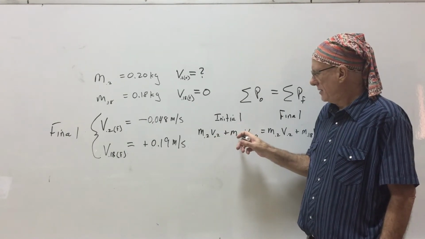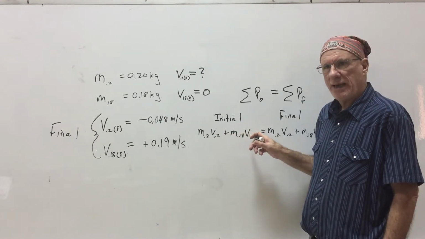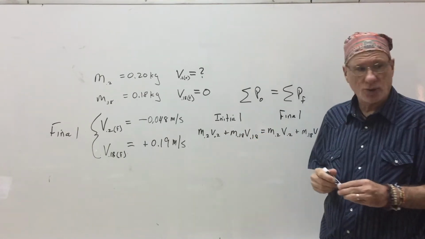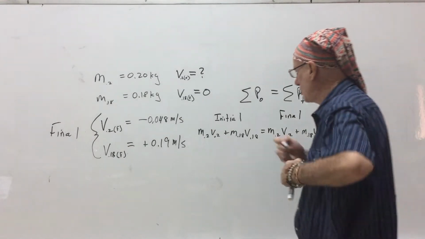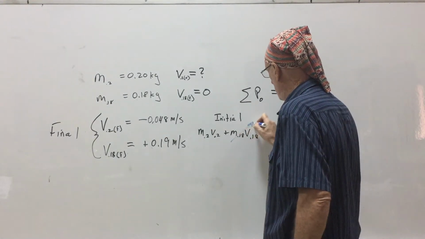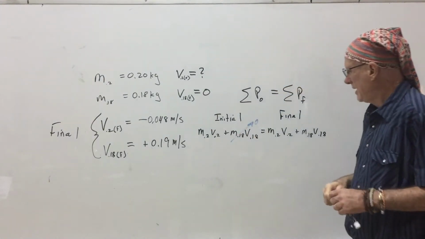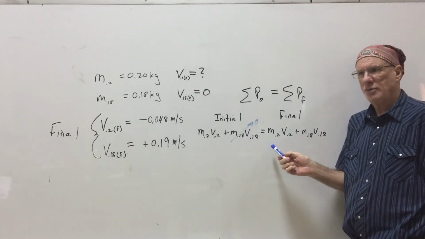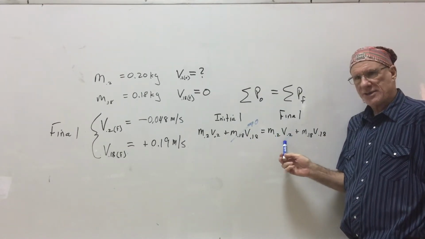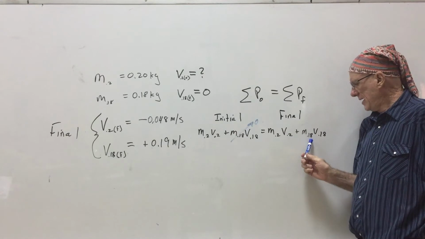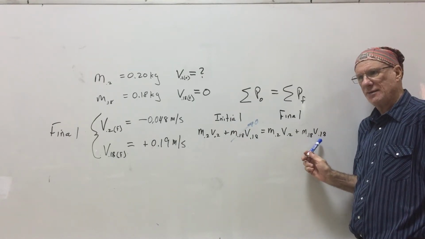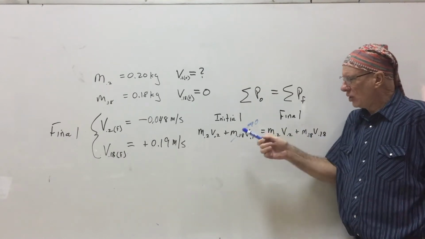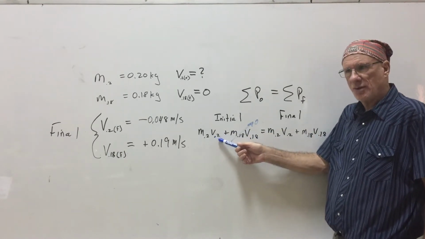And then the mass of the 0.18 and the velocity, which is actually 0, so we can discard this term, correct? We can discard that term. And then the mass of the 0.2, the final velocity of the 0.2, and then the mass of the 0.18 and the final velocity of the 0.18, correct? You okay with that? Now what we're looking for is this, correct?